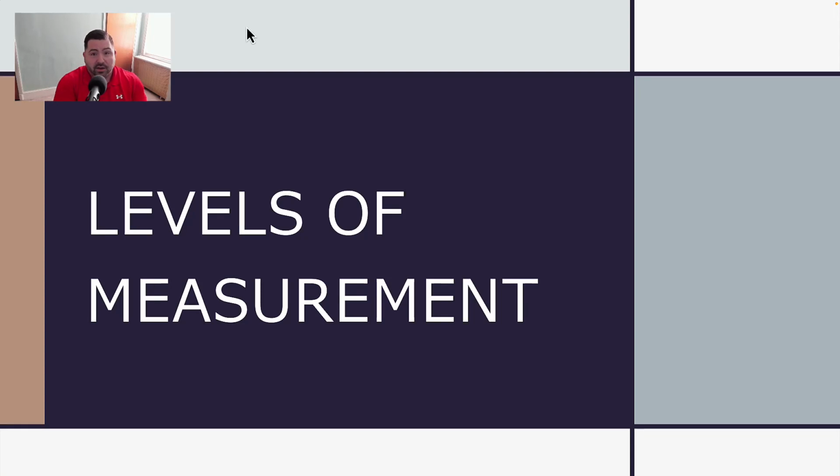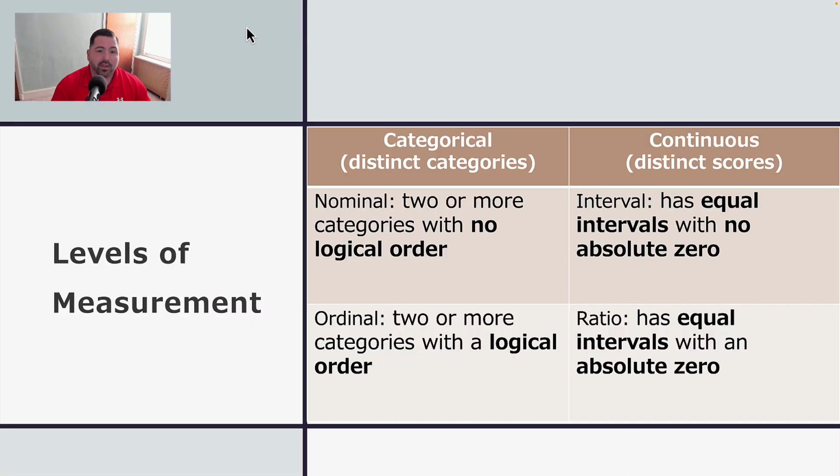In this second video, now that we have an understanding of what the statistical terms are in this class, let's get into levels or scales of measurement. So recall from the first video, we had talked about how we had categorical variables and we had continuous variables.